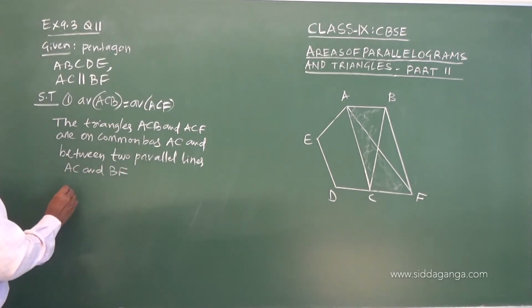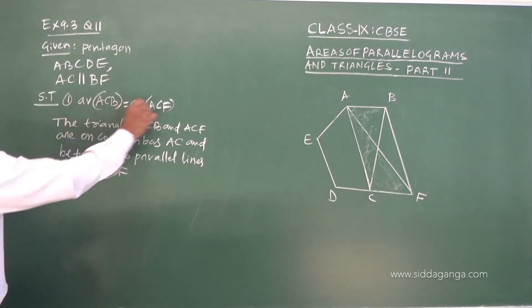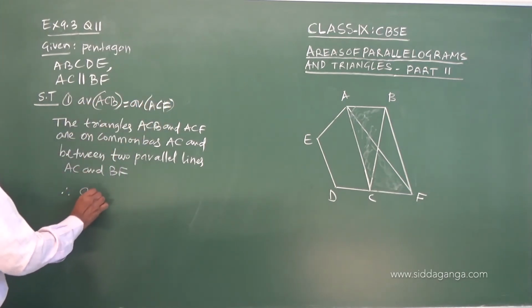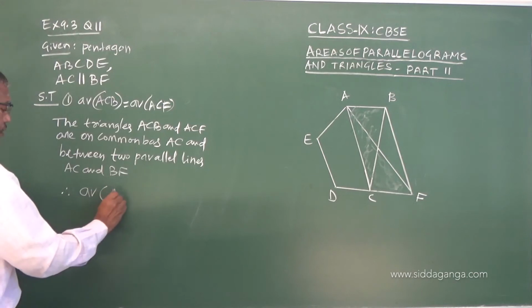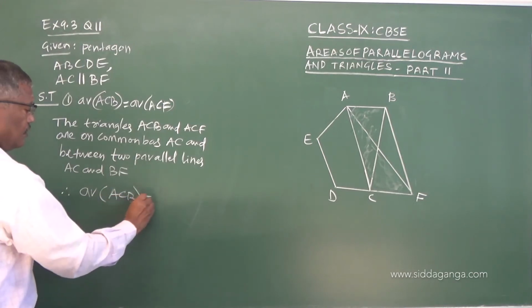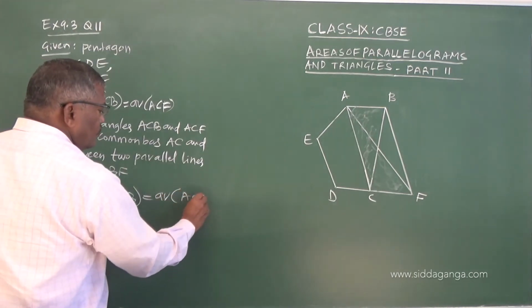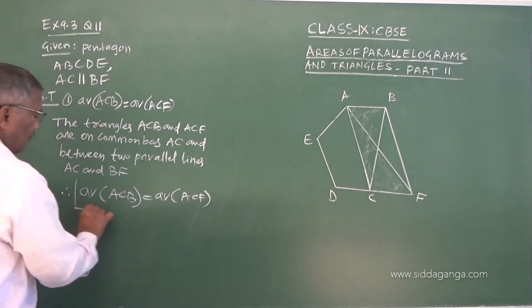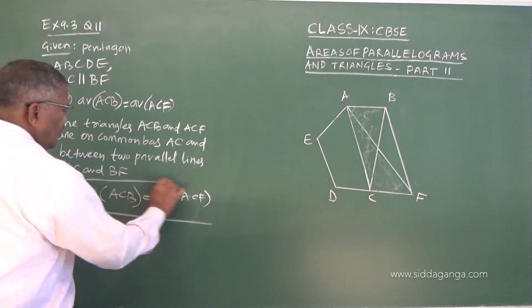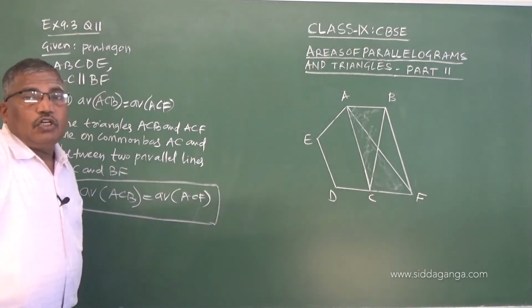So, therefore, we can write this result. Area of ACB is equal to area of ACF. So, only thing you have to keenly observe the figure and give your conclusion.